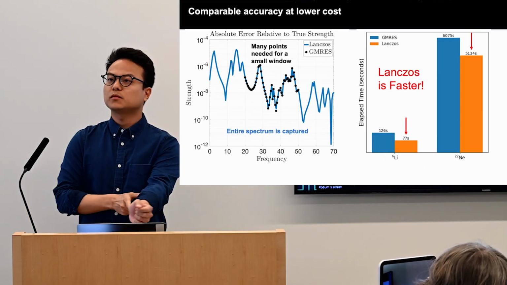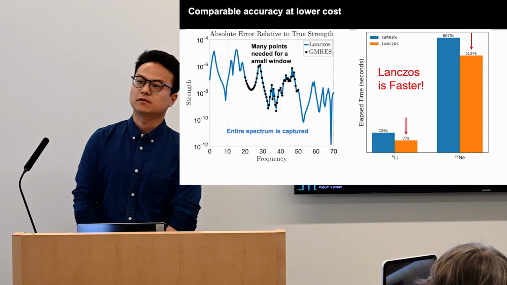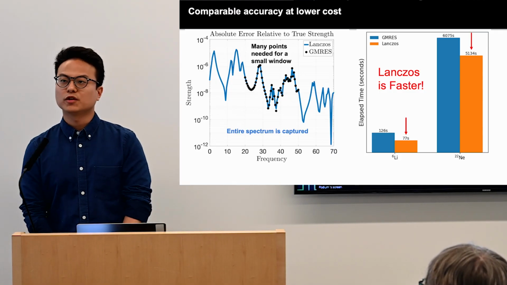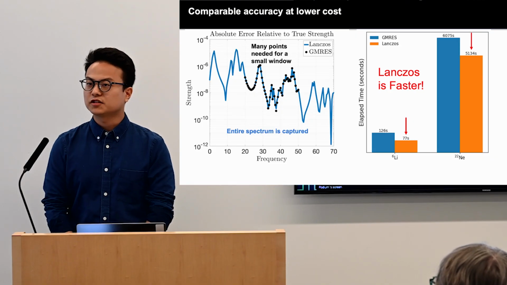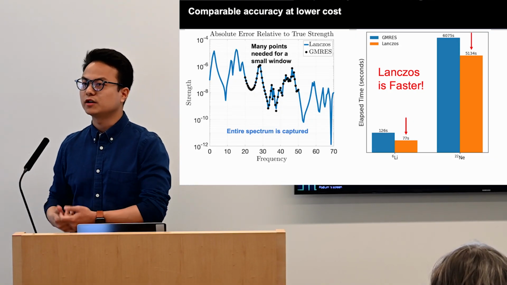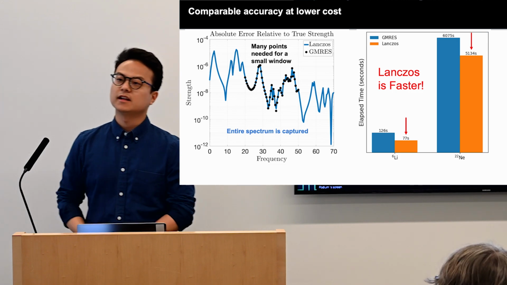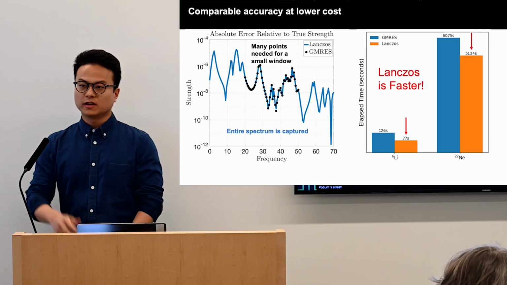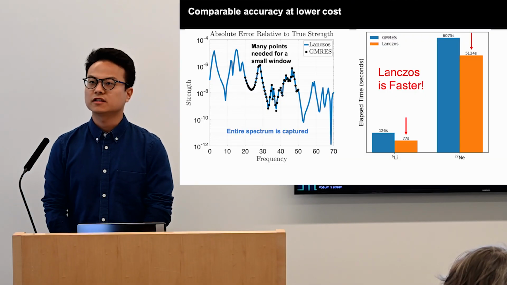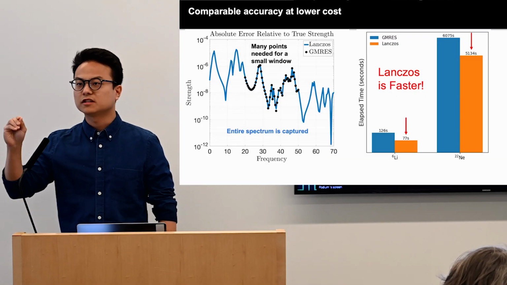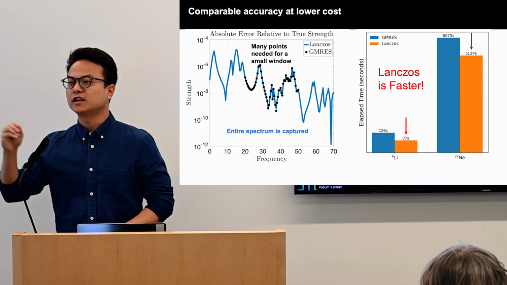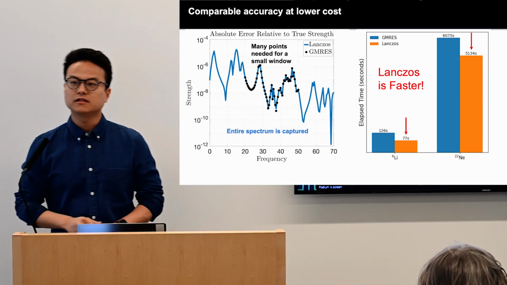So compared with the existing method, here we looked at GMRES. The key point is that the Lanczos method can achieve comparable accuracy while doing so at a lower cost. On the left, you see an absolute error relative to the true strength function. The black dots that you see are the GMRES. Remember, you have to do GMRES iterations for each of these dots.